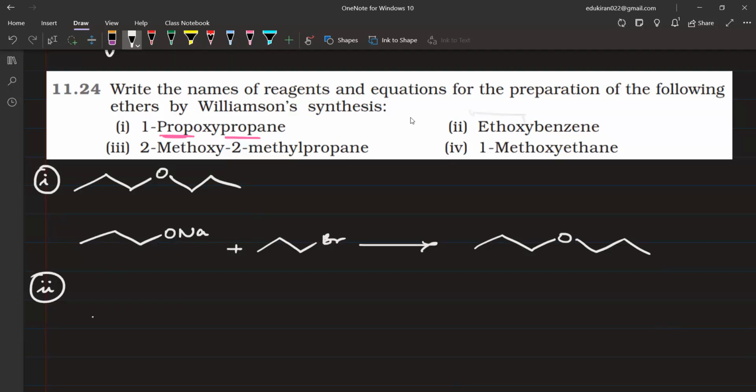Ethoxybenzene. So what is benzene? Benzene is benzene, and it has what group? Ethoxy, oxygen bonded to 2 carbon atoms.